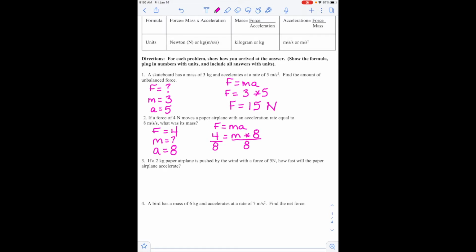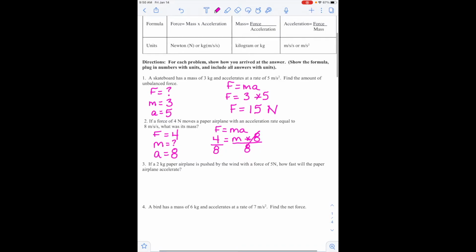And then we are going to simplify our fraction. Since these cancel out, we have m equal to 4/8, so m is equal to 1/2, or we can say that is 0.5. And we want to make sure we have our unit in there of grams or kilograms.